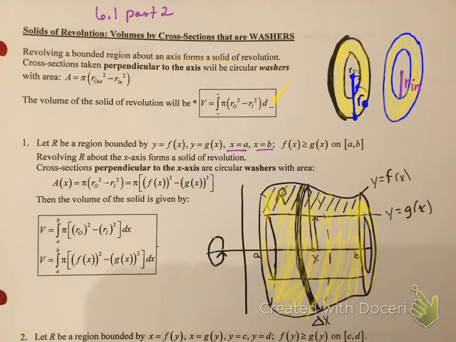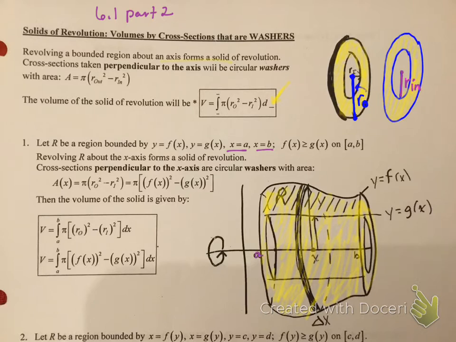Then the volume of the solid is given by volume equals the integral from a to b of pi times R outer squared minus R inner squared dx. Okay, so once again, R outer is the function f at x squared and R inner is the function g at x squared, dx. So we get this picture here.